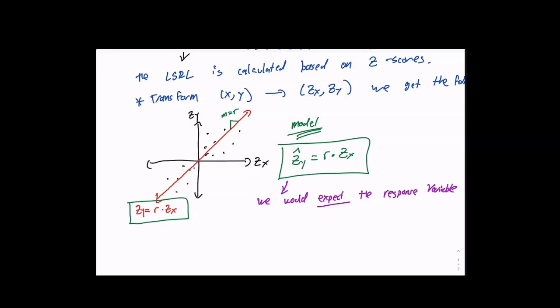We would expect the response variable to be r, the correlation coefficient, times the z-score of x, that is, r times z of x standard deviations from the mean of y.